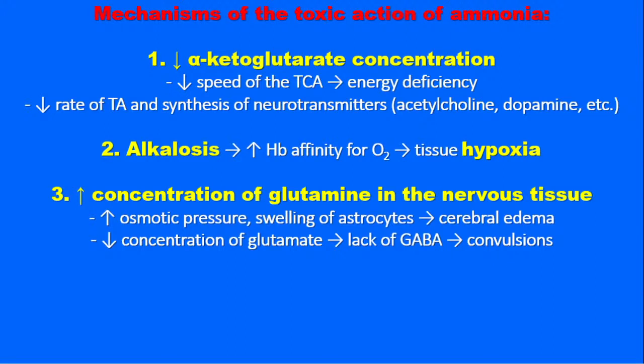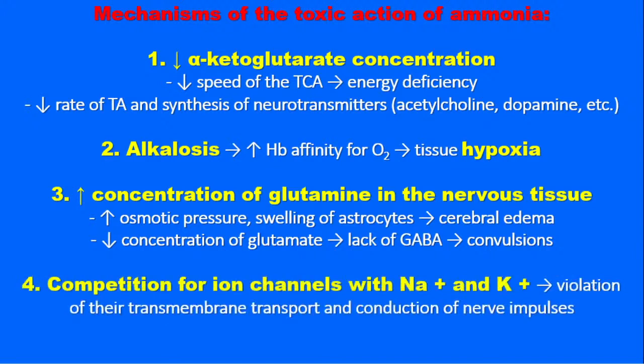It will cause even a block of breathing or of heart beating, and different disorders in the action of our central nervous system. Also, as I mentioned, decreased concentration of glutamate will lead to a lack of gamma-aminobutyric acid, which is the mediator and inhibitor of spinal neurons, normally the inhibitory mediator of our central nervous system. So with a high concentration of free ammonia, convulsions can occur.